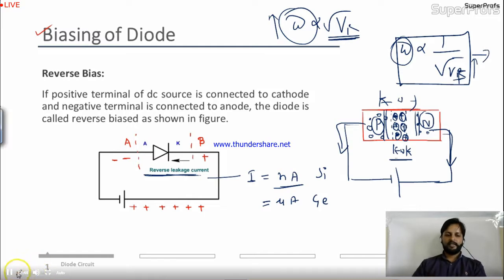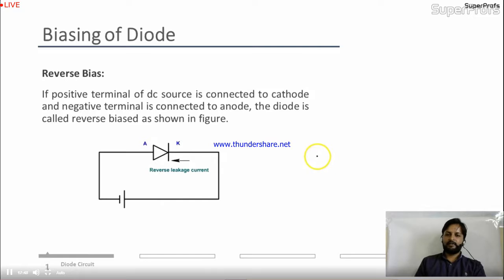So technically or ideally, if we talk about the diode in reverse biasing, the diode will work as an open circuit. If you connect the diode in reverse bias, the diode will act as an open circuit.